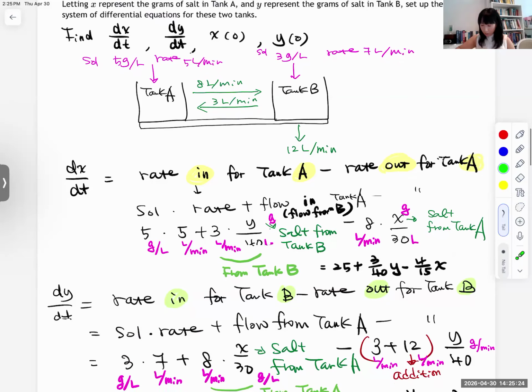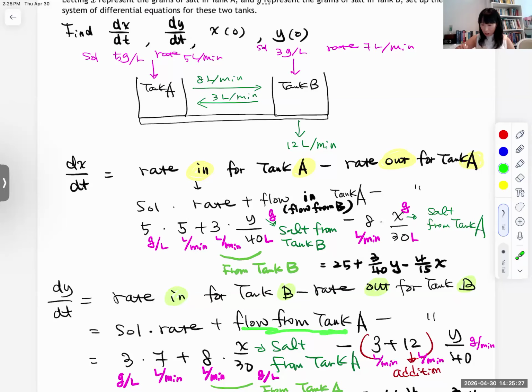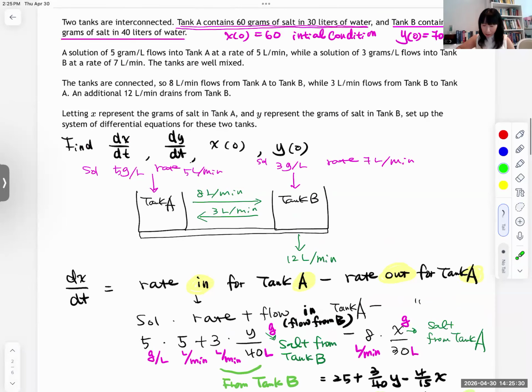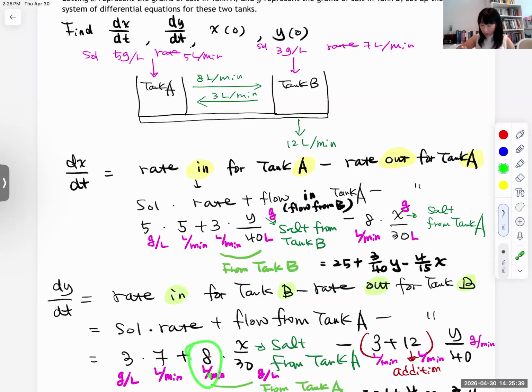And then the flow from tank A, so there will be 8 liters per minute flowing from tank A to B. And then we don't know how much salt there is from tank A, out of the 30 liters of water, right? So the unit, we don't know, is grams of salt.